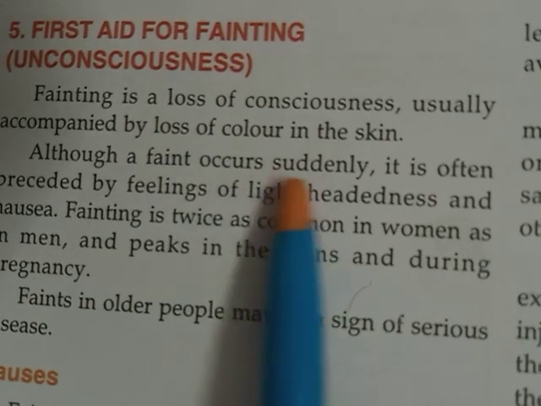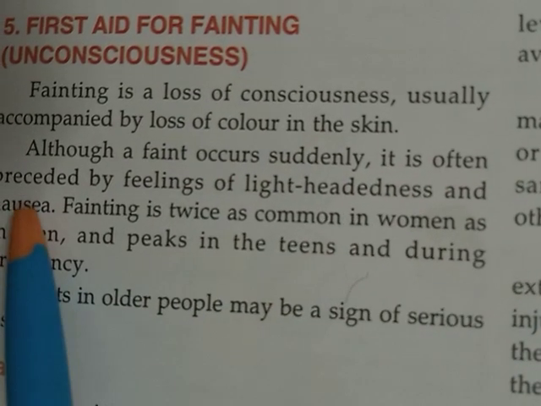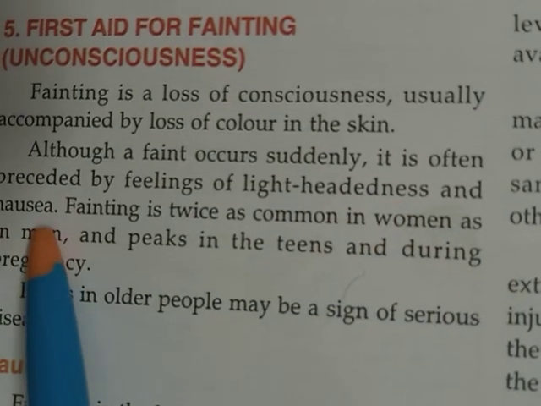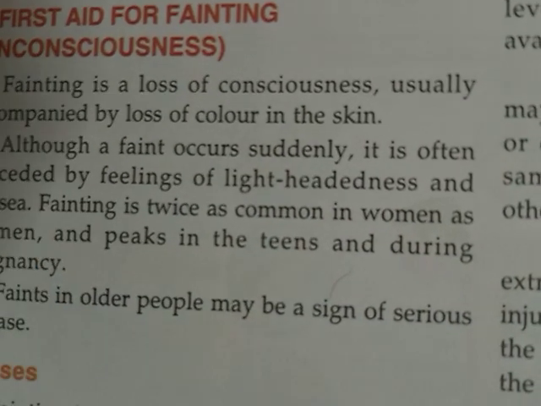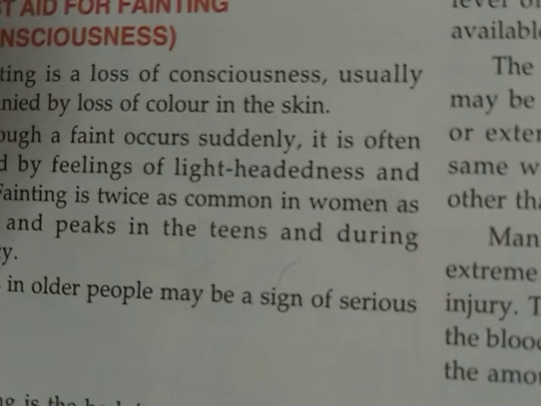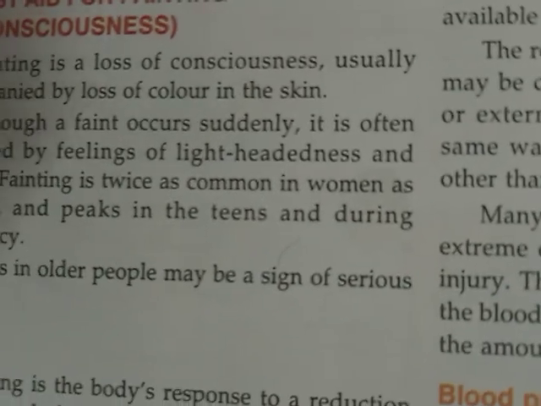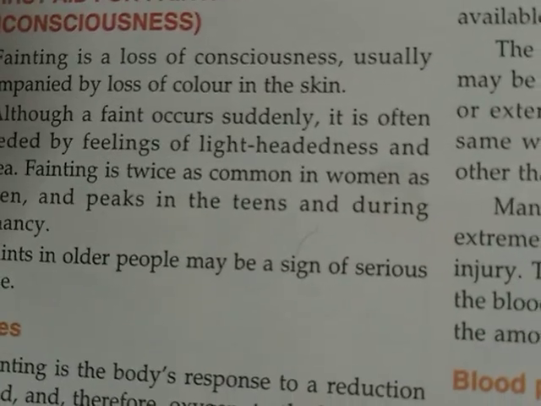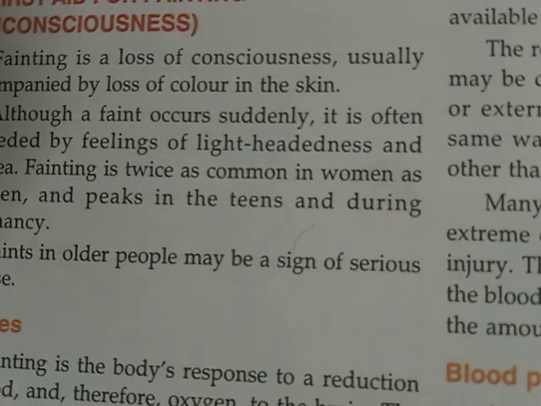Although a faint occurs suddenly, it is often preceded by feelings of lightheadedness and nausea. We never know when we will faint because it occurs suddenly. And before that, we have a feeling of nausea. We feel like vomiting.